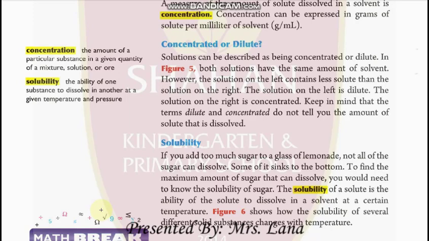To find the maximum amount of sugar that can dissolve, you need to know the solubility of sugar. Solubility of a solute is the ability of the solute to dissolve in a solvent at a certain temperature.